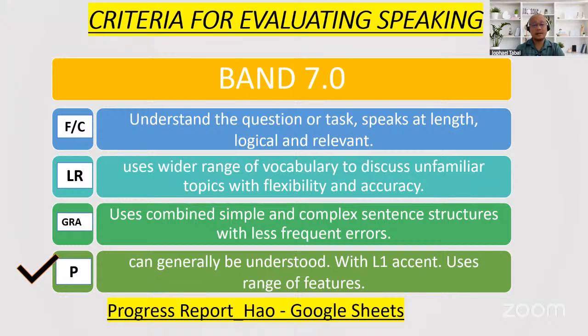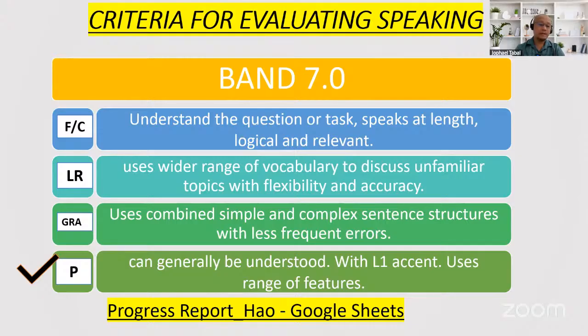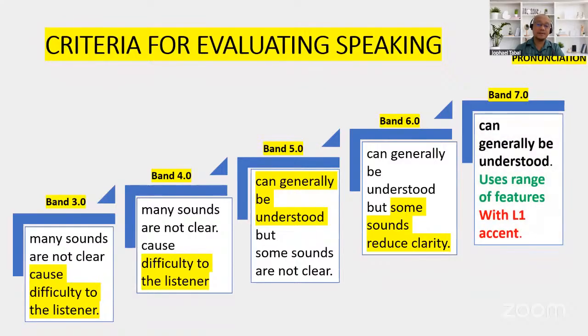So what is an L1 accent? An L1 accent is a first language accent. We're going to check what we mean by can generally be understood with reduced or little L1 accent, and uses a range of features. These are the 3 key things that we're going to explore today.